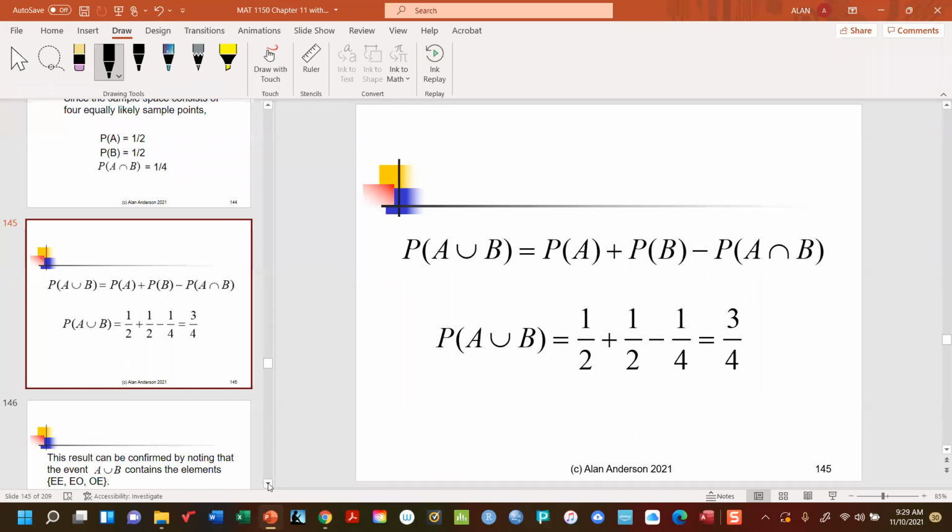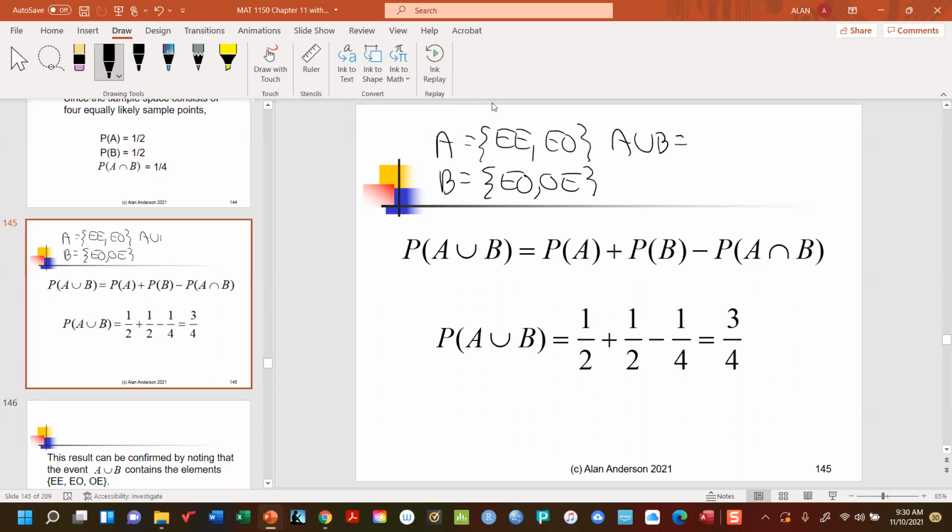Now, in this case, there's another approach we could have actually taken. Just a quick reminder, A contains EE and EO. B contains EO and OE. The union of these two events is EE, EO, and OE.